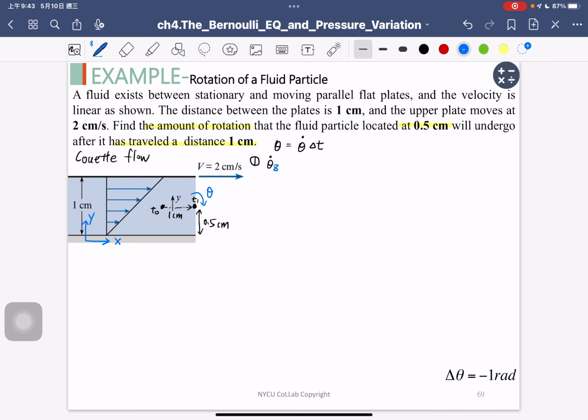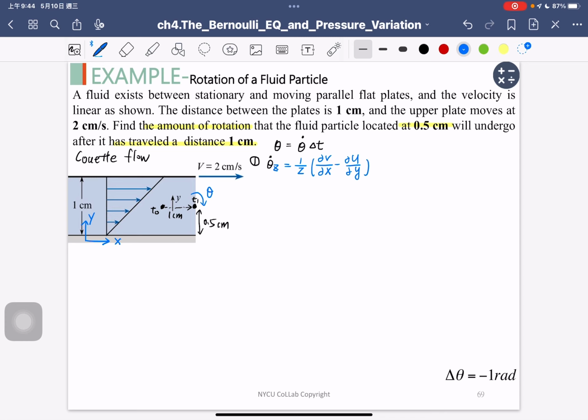And as the previous slide tells us, the theta rate for the rotation about the z direction is 1/2 times dv/dx, right, minus du/dy.